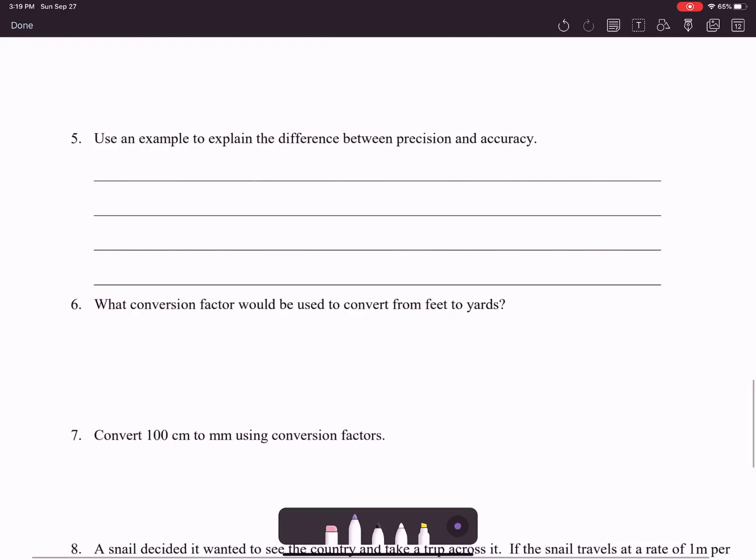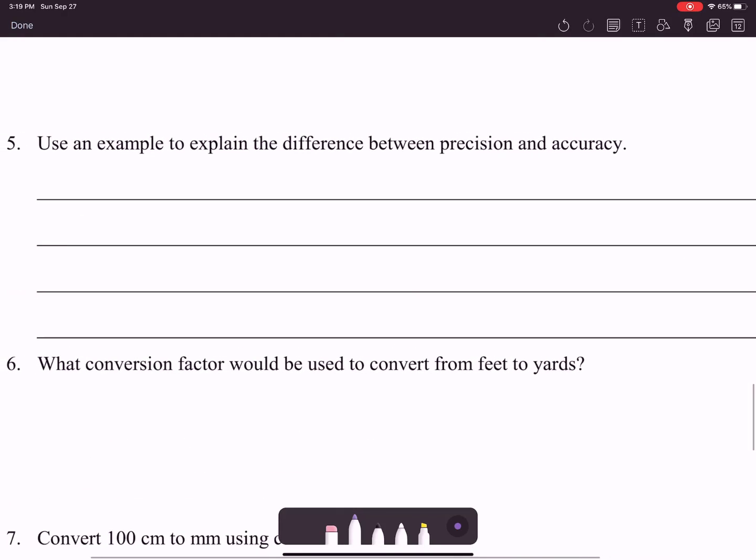Cool. Use an example to explain the difference between precision and accuracy. Okay, so let's see if you had, for example, a thermometer that measured temperature, all right?